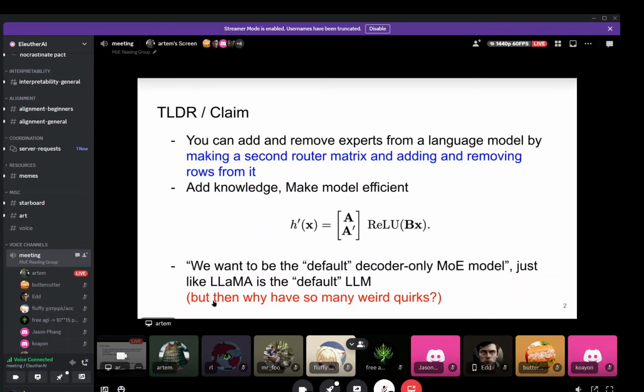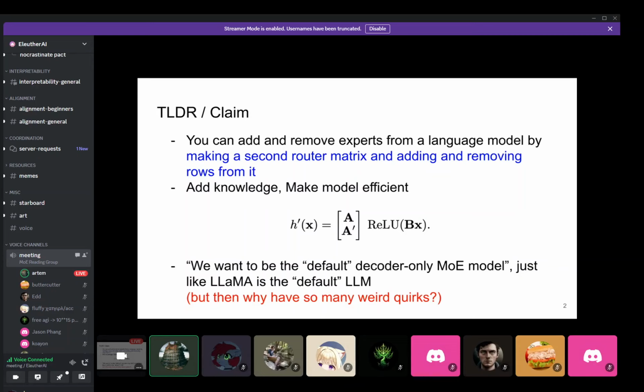Another thing I noticed is they released Hugging Face code. My thoughts are, oh, we want to be the default MoE model that people use. But I'll share why I have some issues with that, since there's a few weird quirks that they add that aren't super necessary.